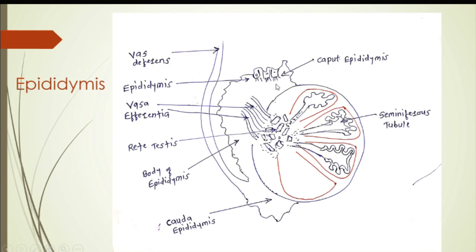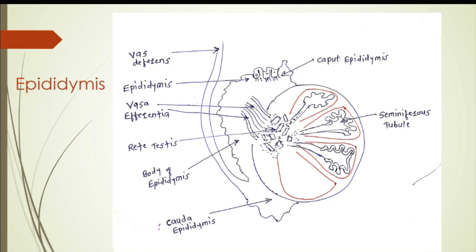So from here up to here, this is the epididymis. Actually, the epididymis is a long and highly coiled tubular structure which measures about 4 to 6 meters in length.